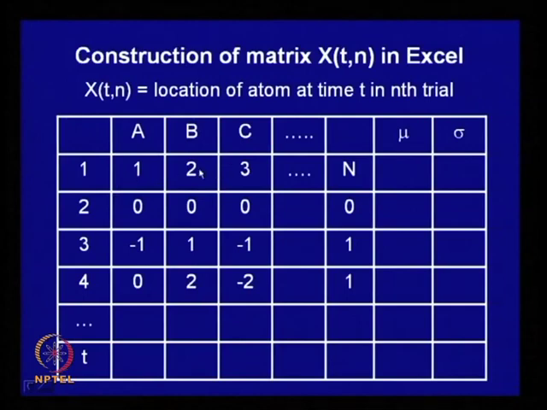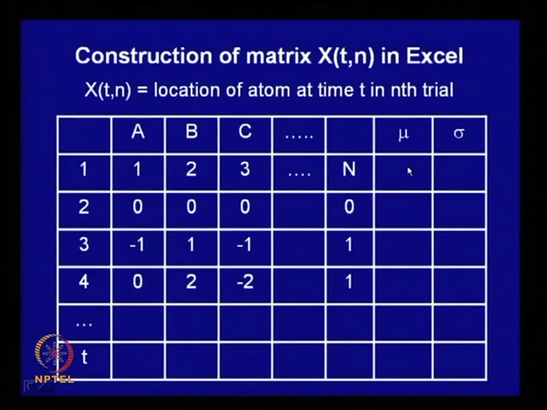We can number each of these as 1, 2 up to n, and this is your initial position. This is the first trial, this is the second trial, third trial, nth trial. For every trial the initial position is 0, that is the center, and then it goes on changing. Say here it goes to -1, here it is +1, here it is -1. That way it goes on continuing up to time t, and then you can find the mean, that is, the most likely location after the first time step.